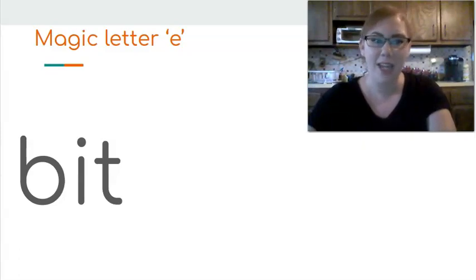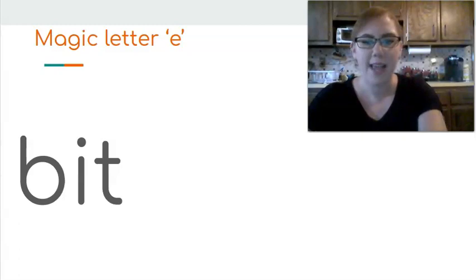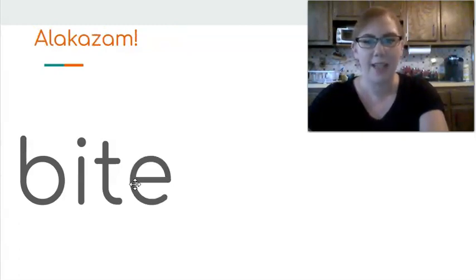And that magic E is going to change how we say the word. How do we say this sound when there's a magic E at the end? The I blank E says I. The magic E makes the I say its own name.